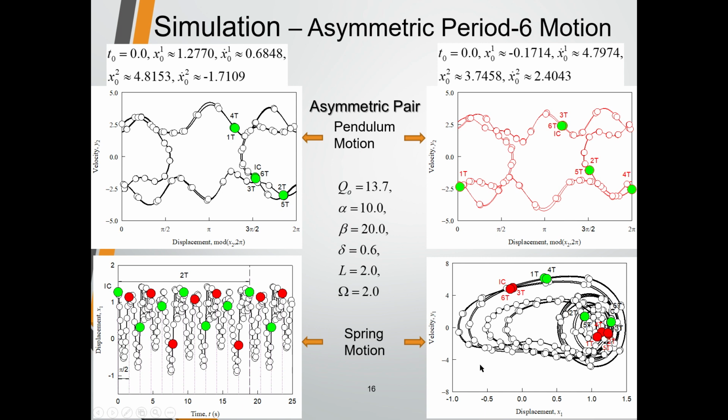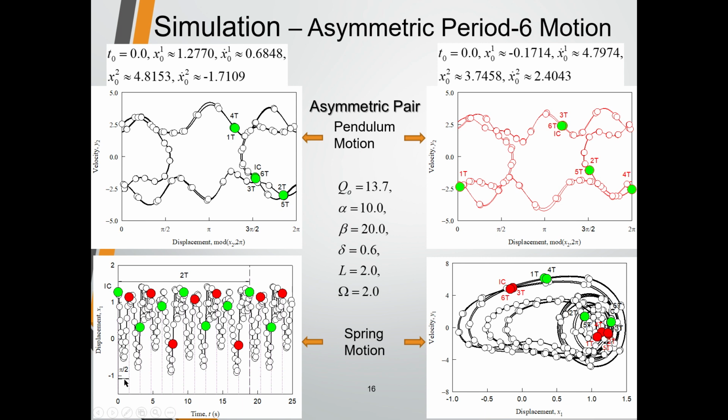And similar to the previous motion, the motion of the spring is the same for both the black and the red branch, which is shown in here. The trajectory of the spring is shown in here, and the displacement of the spring motion is shown on the bottom left here, and you will see the green dot representing the periodic node for the black branch, and the red dot representing the periodic node for the red branch.